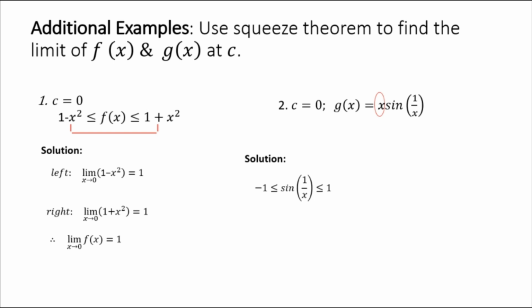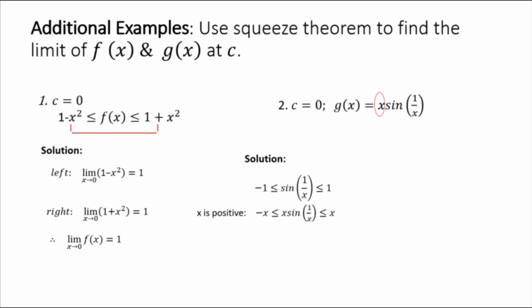What we need is x times sine 1 over x. To get that, notice that if x is positive, then multiplying x to each of these expressions will result to that one.